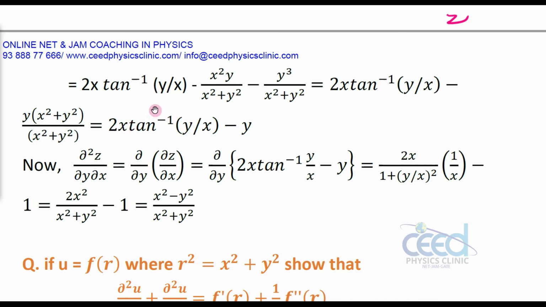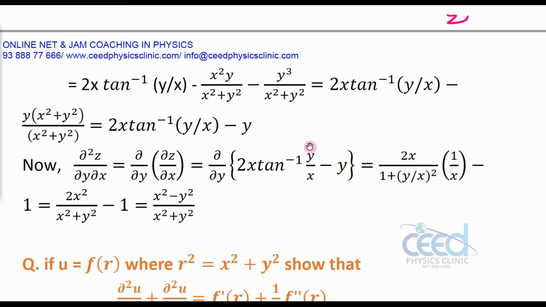This is ∂z/∂x. So ∂²z/∂y∂x, that is ∂/∂y of ∂z/∂x. ∂z/∂x we have got that, you can substitute here. So ∂/∂y of this, here again I can apply this with respect to y. 2x is a constant, and tan inverse y by x differentiated gives 1 by 1 plus (y by x) the whole square into, when I am differentiating with respect to y by x, I can take 1 by x out.